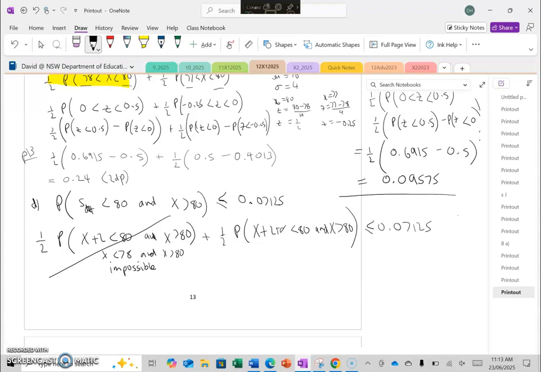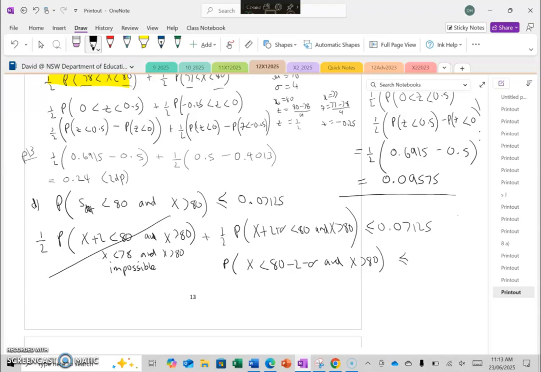Okay, so I'm going to rewrite that. Actually, let me just make x the subject first. So that'll be 80 minus 2 minus alpha, and at the same time I'm greater than 80.